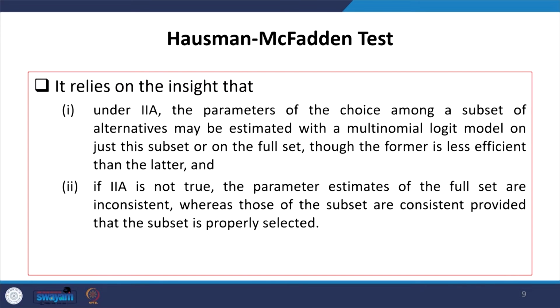Since we have restricted our model, the first one is the subset, the second one is the full set. Since we have restricted our model, that is not expected to be more efficient than the full model. If IIA is not true, that means the alternatives are not independent, we have to reject: the parameter estimates of the full set are inconsistent, whereas those of the subsets are consistent, provided that the subset is properly selected.